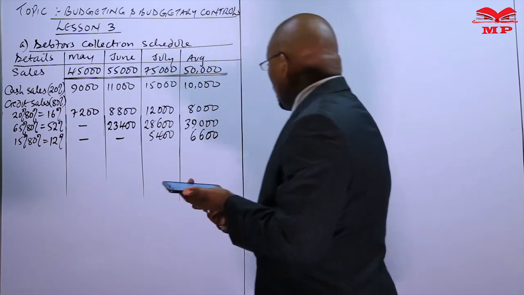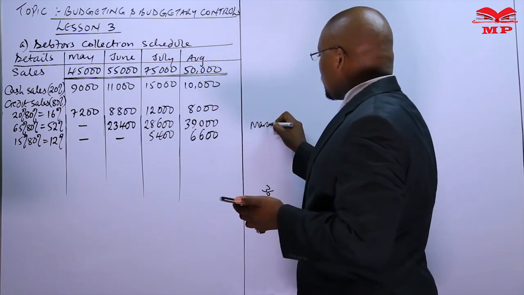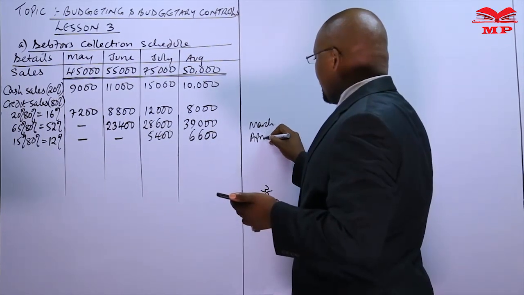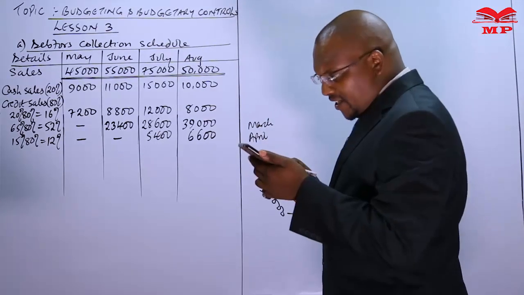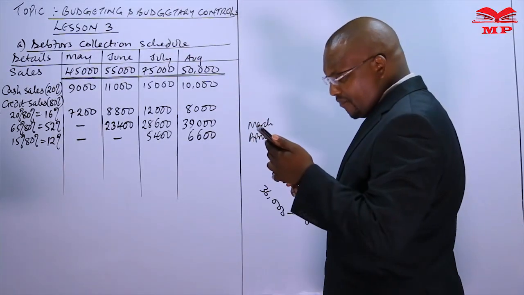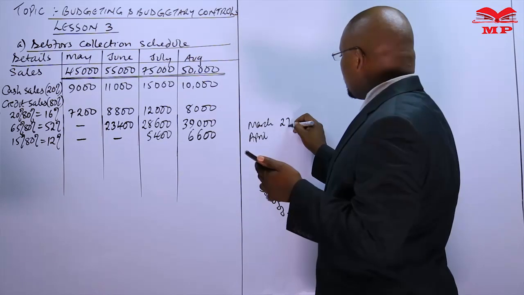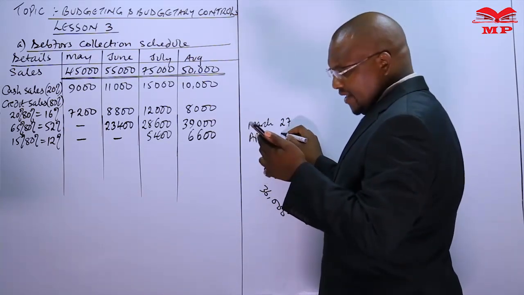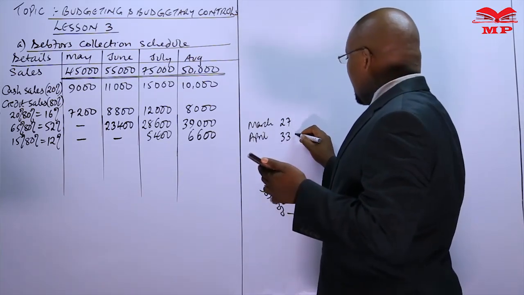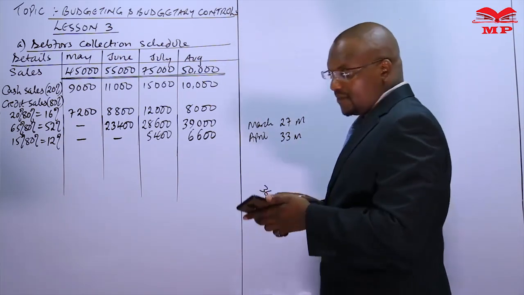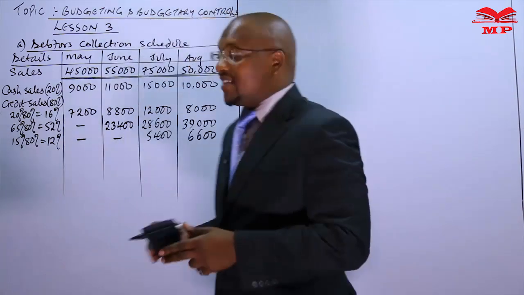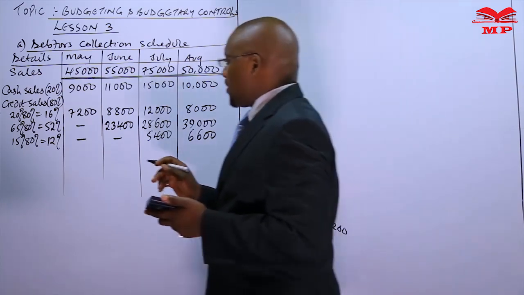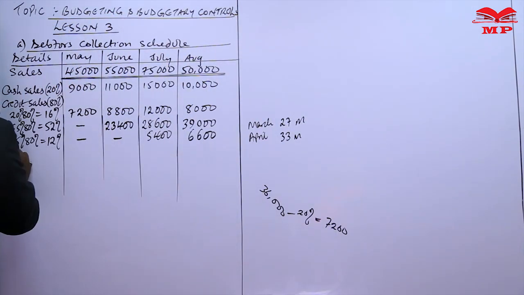So if the month of March the sales are actually 27 million and April is 33 million, we need to have the same understanding that we have the balance brought forward.